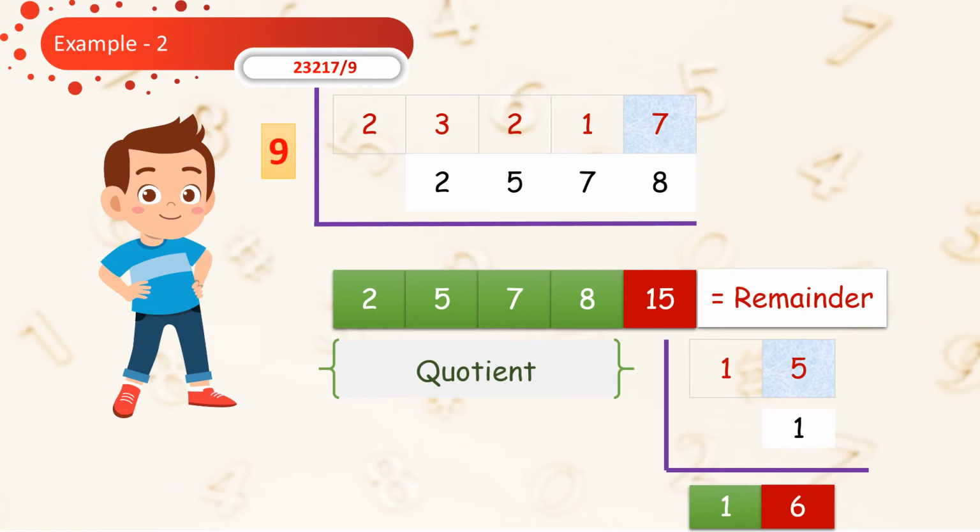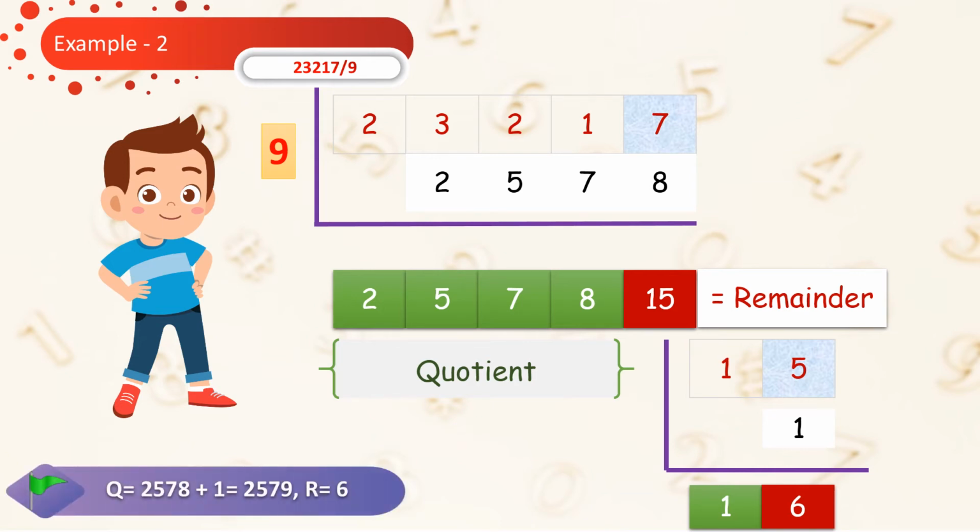So you have to add the 2578 quotient part with the 1 that you got from 15. Final quotient here is 2579 and the final remainder is 6. Basically, we have done it like a two-step process. You can still do it in a single step.